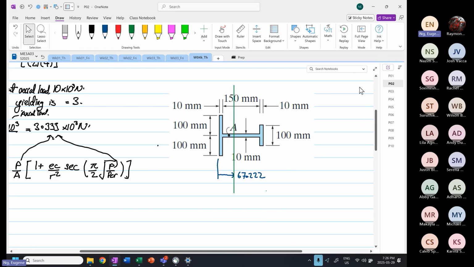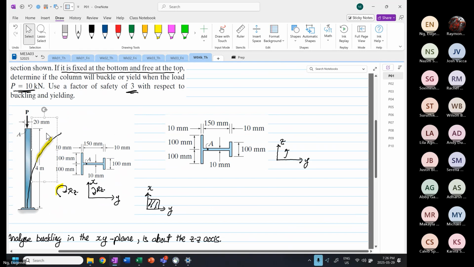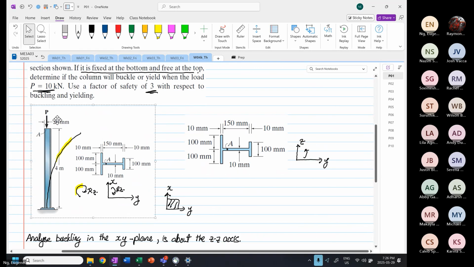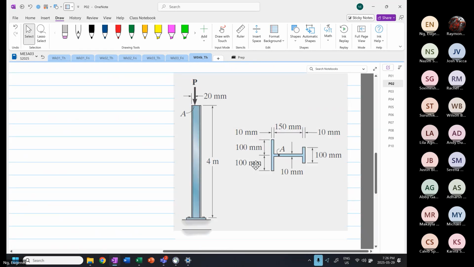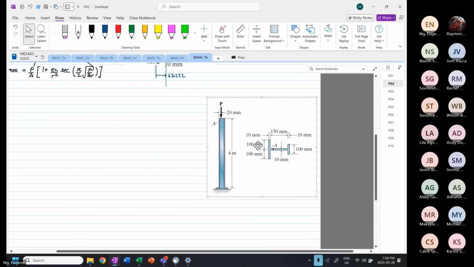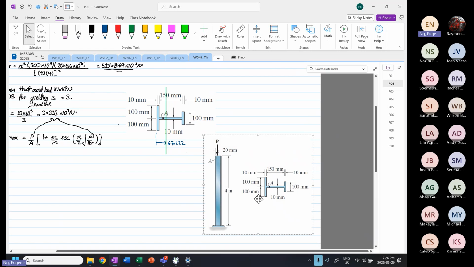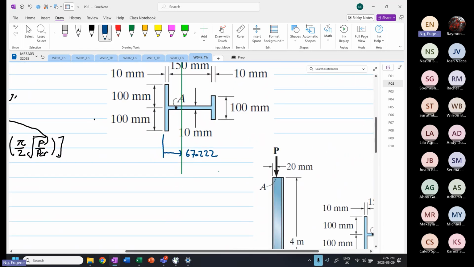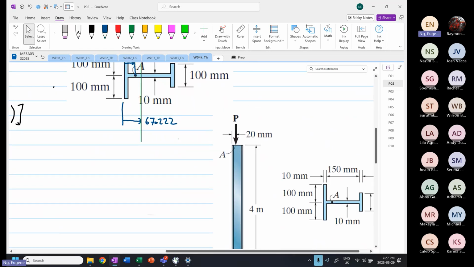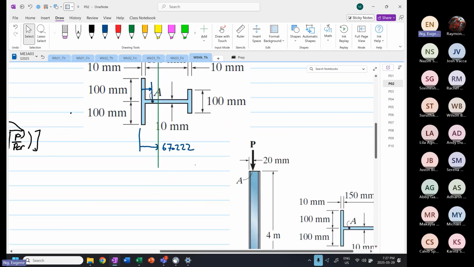Now, where point A is, let me get the diagram. Where point A is, as you can see, this distance from here to here is equal to 20 millimeters.